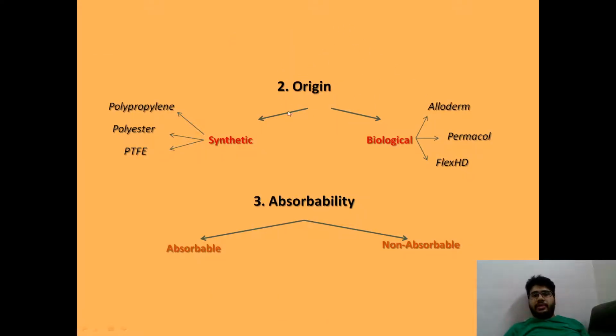On the basis of origin, they can be classified into synthetic ones and biological ones. Synthetic ones are polypropylene, polyester and PTFE, and the biological ones are Alloderm, Permacol or Flex HD. On the basis of absorbability, these can be absorbable or non-absorbable.